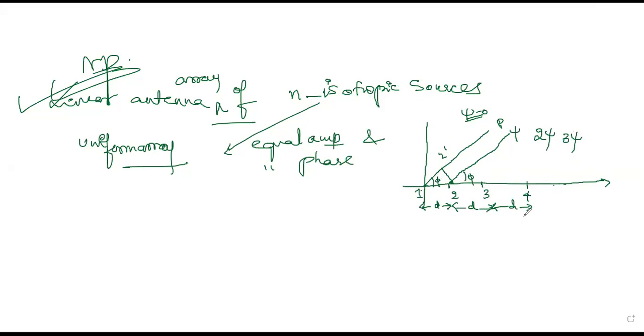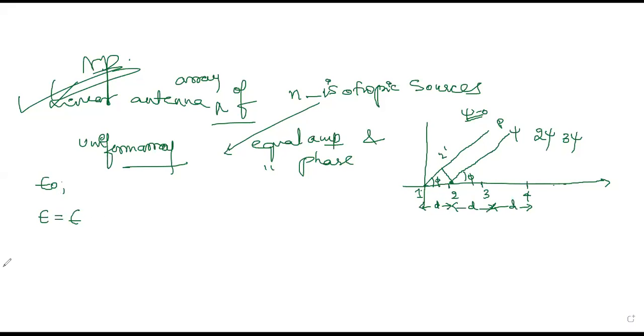And it continues. Now, all the sources are supplied with the same magnitude of current. So you have to consider an amplitude for all the sources. We will consider the amplitude of all sources as E0. Now you have to write the total pattern equation. Starting from the first source, we have considered it as E0.